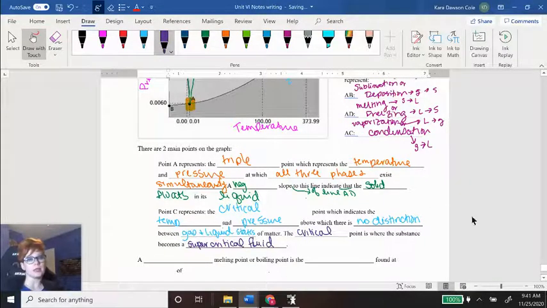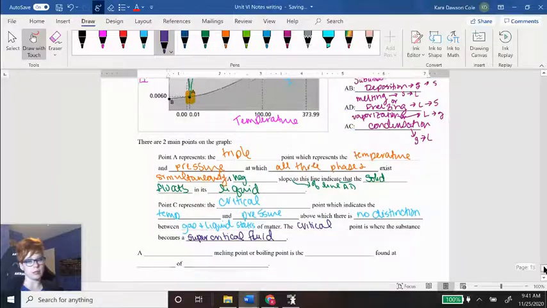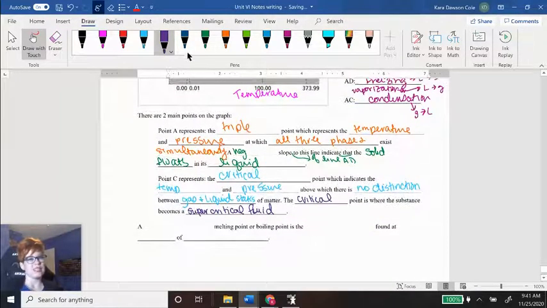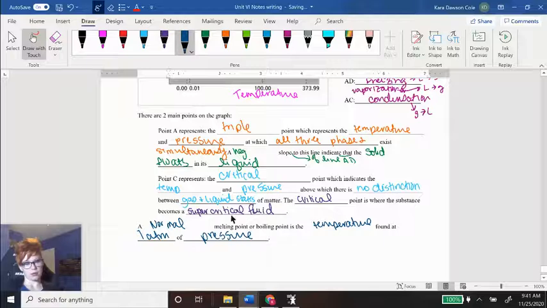Now, from this, we can also determine the melting point and the boiling point. We call this the normal melting point or the normal boiling point. And this is the temperature found at 1 atmosphere of pressure. So our normal pressure is 1 atmosphere.